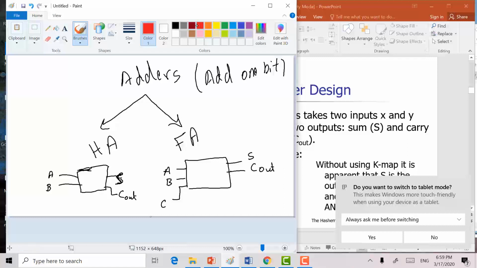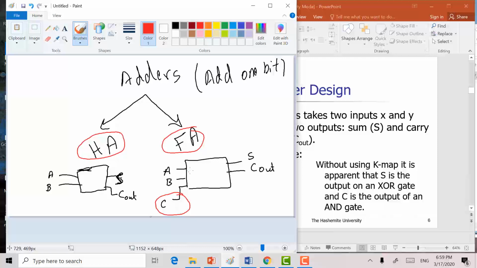Observe the difference here, where we differentiate the full adder from the half adder. The full adder includes a third input. So you have here three inputs, while in the half adder you have two inputs. Both share the sum and the carry out.